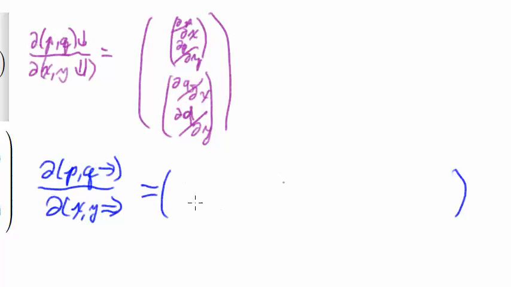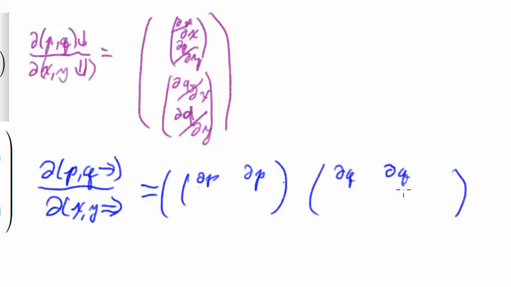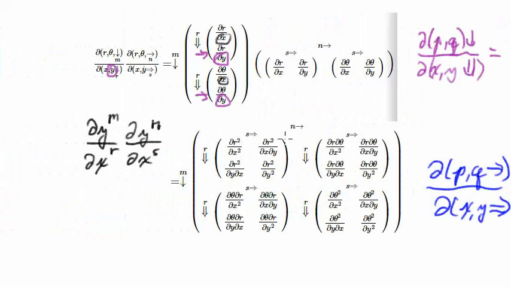Del p will have del p, and then del q in the first set, and then on the bottom we'll have del x, del y, and del x, del y. That makes it very convenient for multiplying these things out, because it's regular matrix multiplication after that.